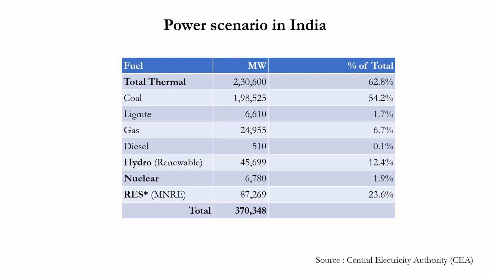And the renewable RES, which is from MNRE, is 87,269 megawatt, 23.6% of total installed capacity. So the total power is 3,70,348 megawatt, as per the data taken from Central Electricity Authority.